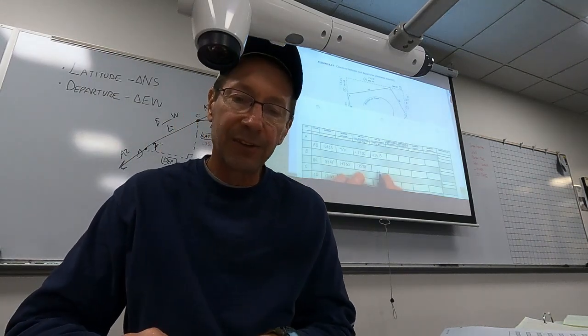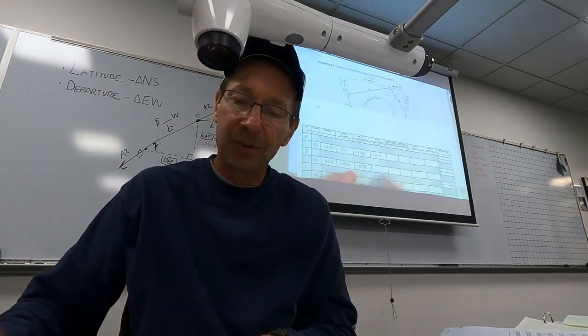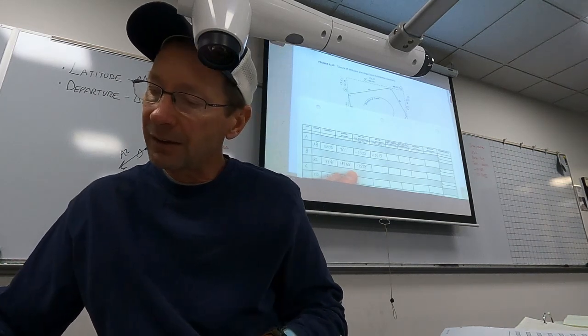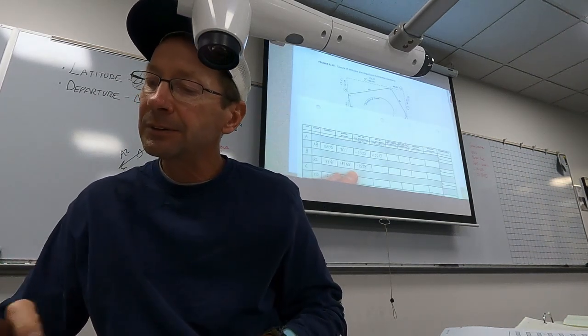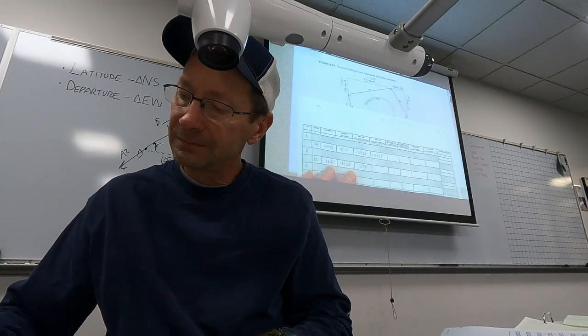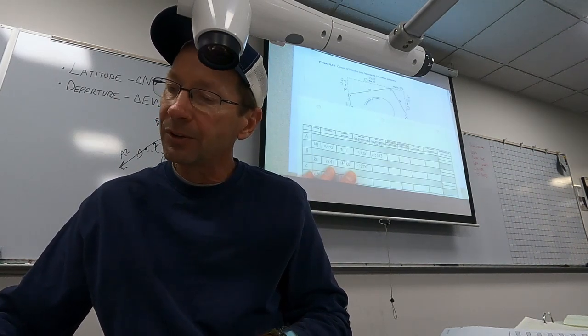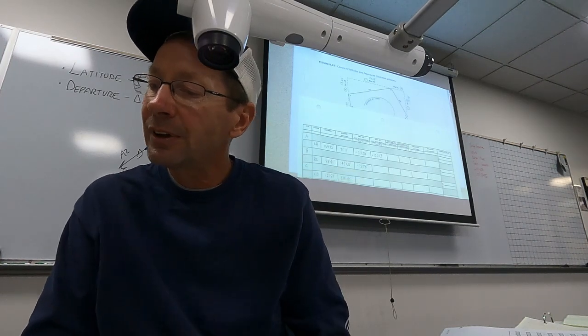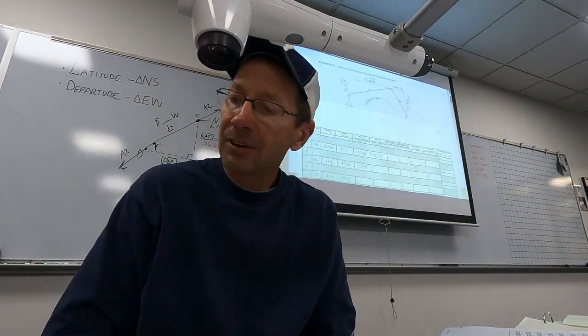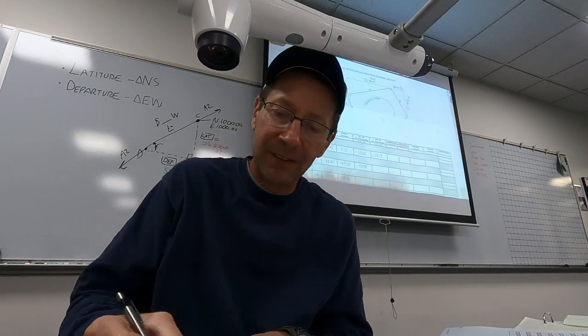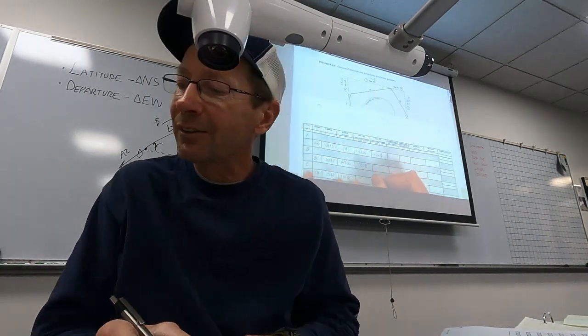So for 149, let's do the departure. Take the sine of 149. 45.53. 88.41. I'm punching mine in here too, Brendan. 88.41. Just doing a check. 45.53. Okay. Positive or negative? Positive.